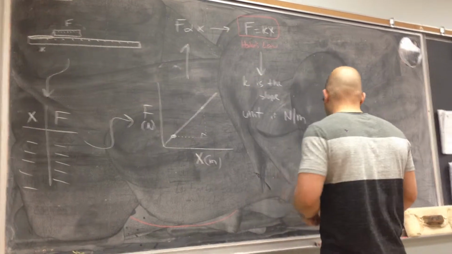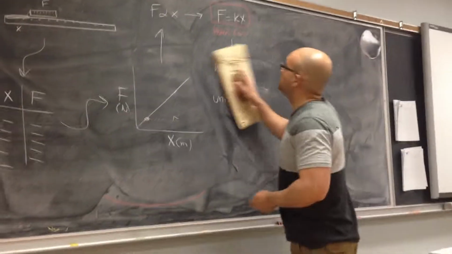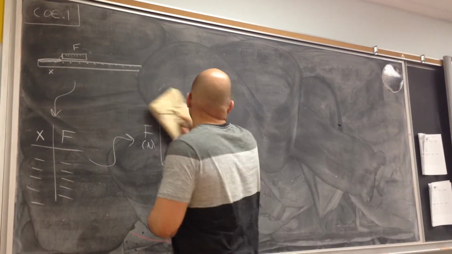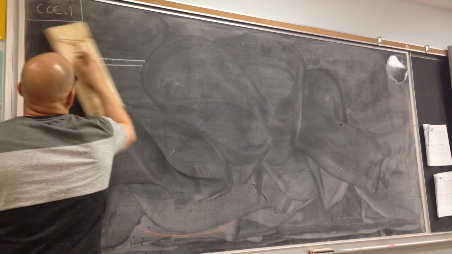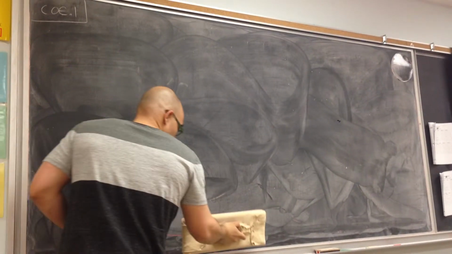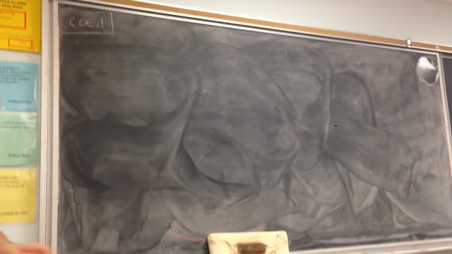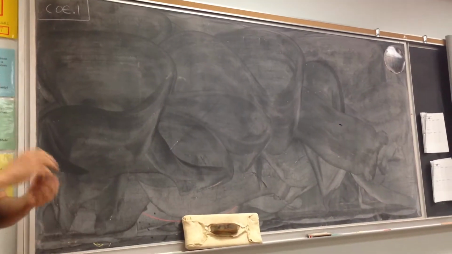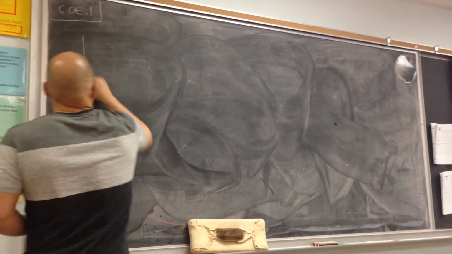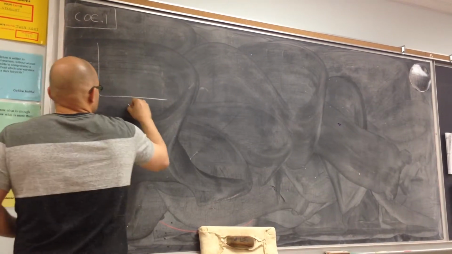Okay, part B. Part B was to find the amount of energy stored in your spring when you've got it at its maximum stretch, the maximum stretch you applied. So from that, you've got your graph.